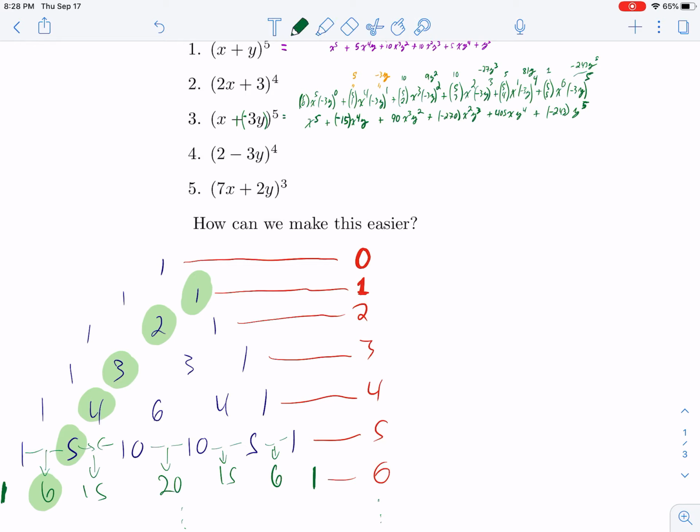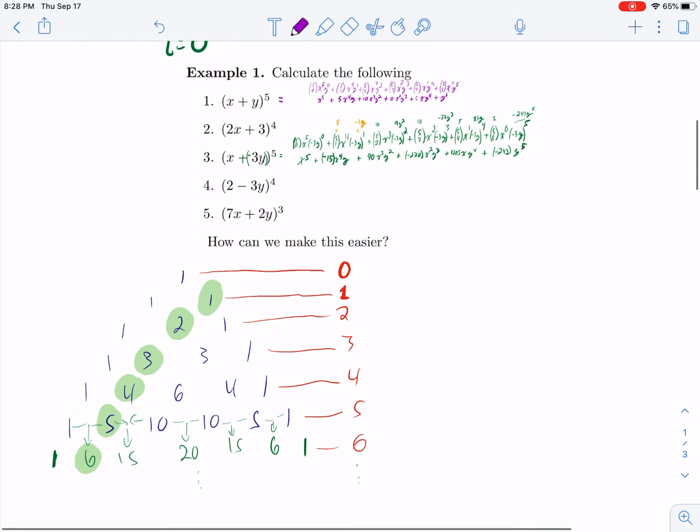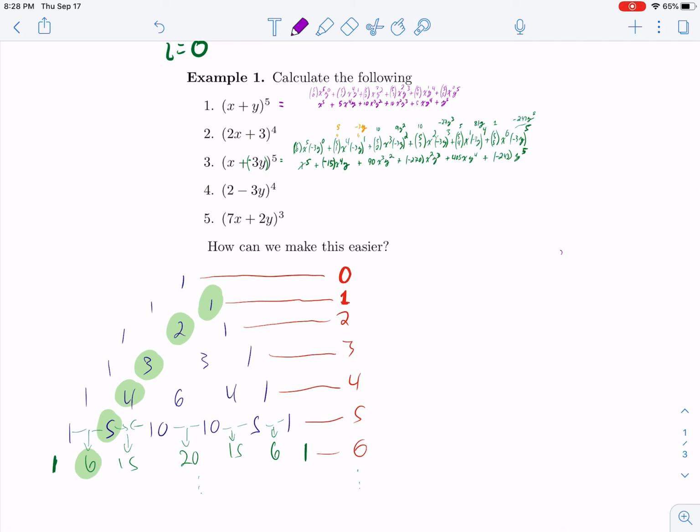And why is this helpful? Well, since we're in the 0th row, this top entry is, let me do it in a different color. It's a little easier to see. This top entry is 0 choose 0. Then the first row, we have 1 choose 0, 1 choose 1.